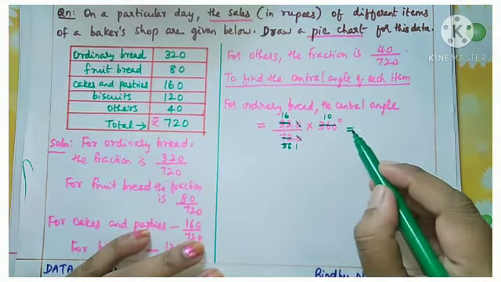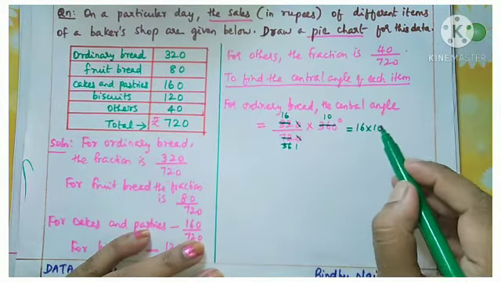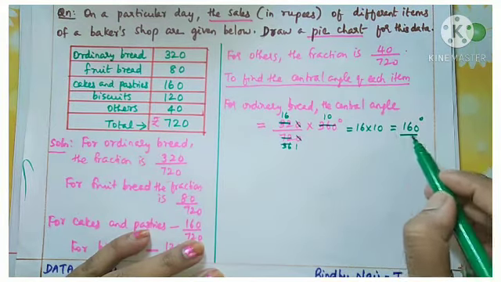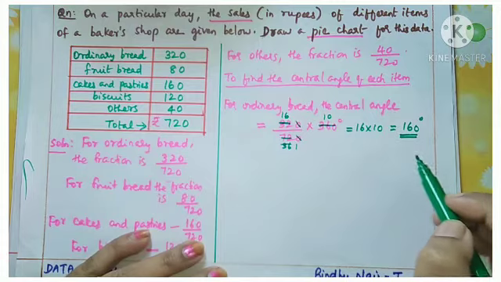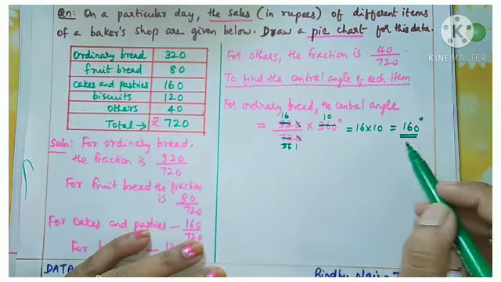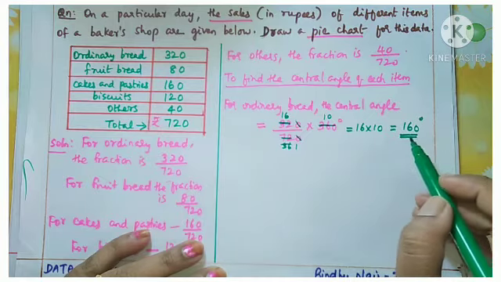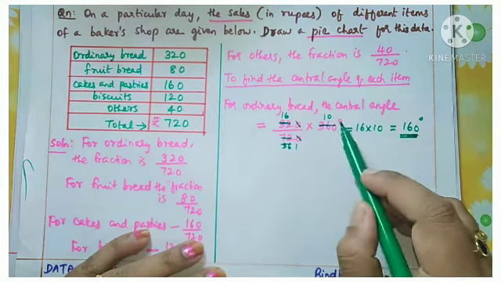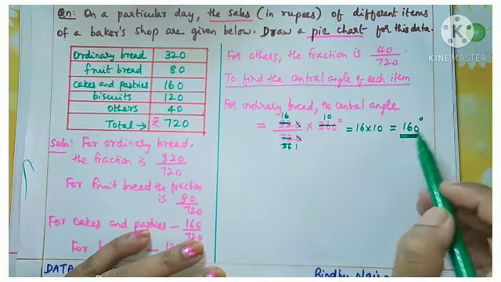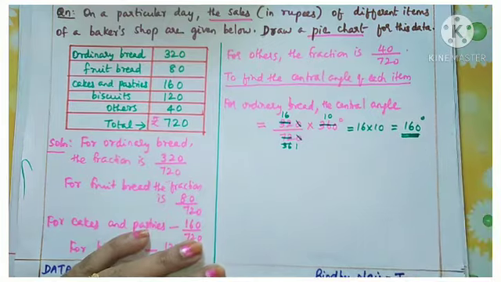So it becomes 16 into 10, that is 160 degrees. You want to write in degrees because it is an angle. Okay. So for ordinary bread, what is the central angle? 160 degree. So this 160 degree out of this total angle of the circle 360 degrees. Okay. So we got the angle for ordinary bread.